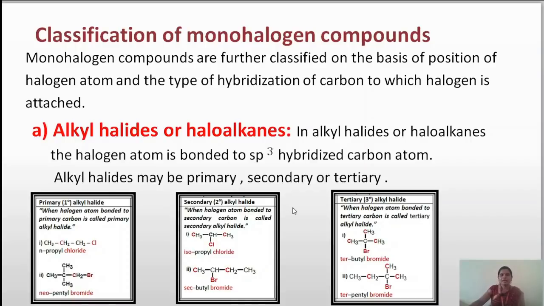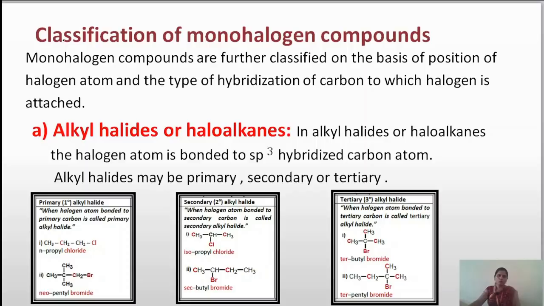Next is classification of monohalogen compounds. Now monohalogen compound means what? There is a presence of only one halogen atom in that compound, and these monohalogen compounds are further classified on the basis of position of halogen atom, that is where the halogen atom is located, and the type of hybridization of carbon to which halogen is attached.